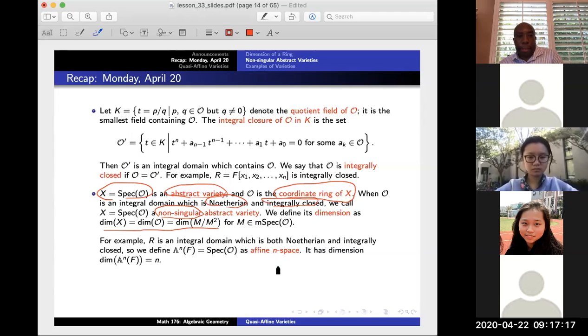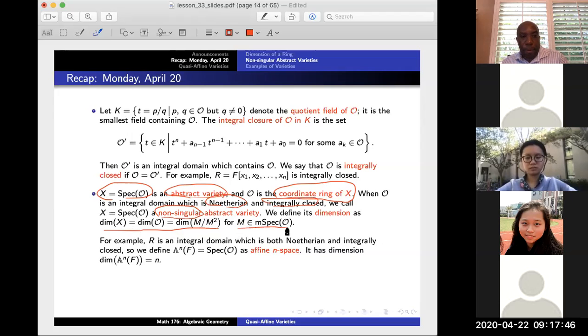I want to point out that dimension only makes sense for a Noetherian ring because you need to make sure that the heights of primes are bounded. That's the idea of being Noetherian, that the heights are bounded. So this dimension here makes sense. Integrally closed means that we have this condition about the dimension of m mod m squared for all maximal ideals m. Again, we'll come back and say a little bit more about this today.